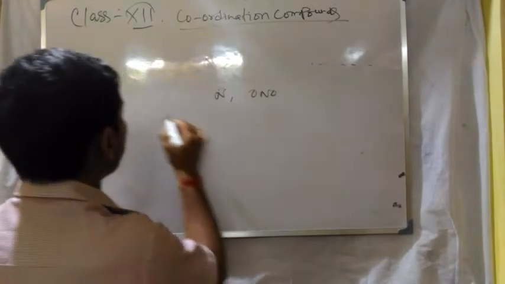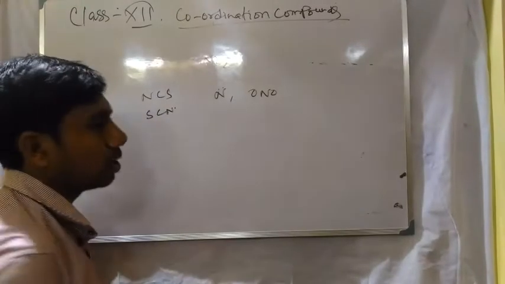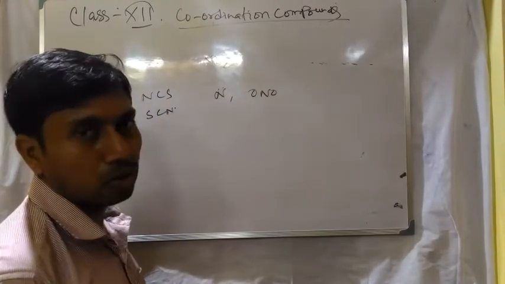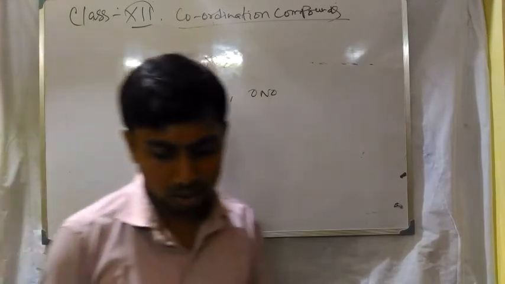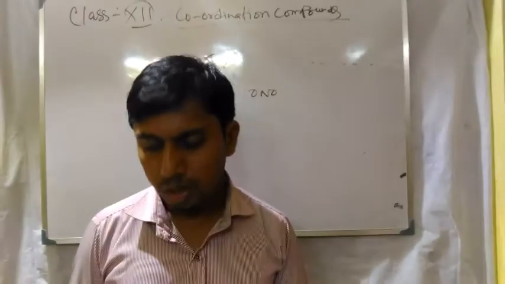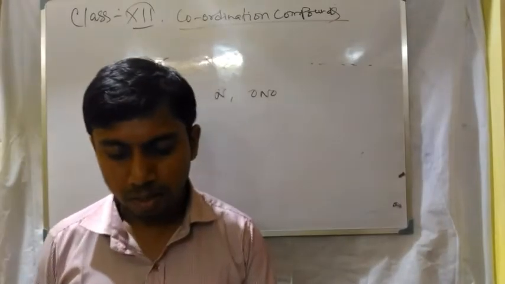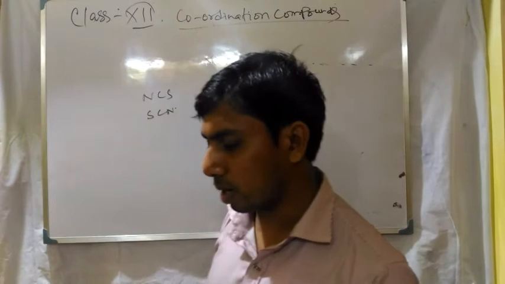In the same way, NCS and SCN: thiocyanate and isothiocyanate. One is thiocyanate, another one is isothiocyanate. So these are the examples of linkage isomerism. The next one is geometrical isomers.